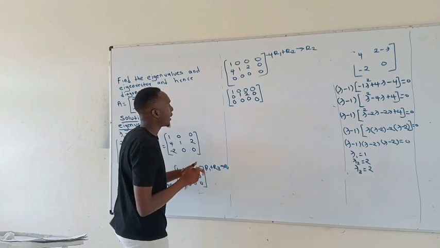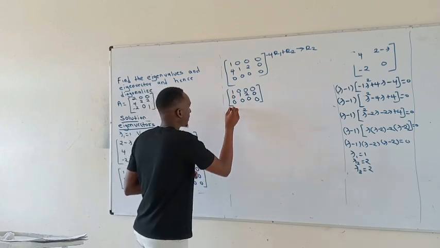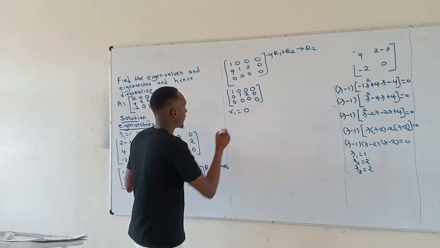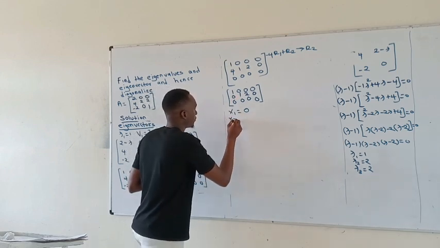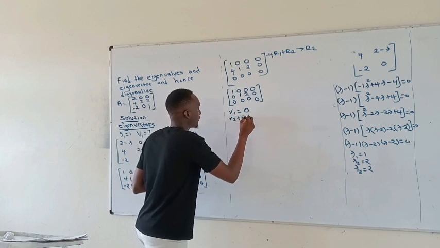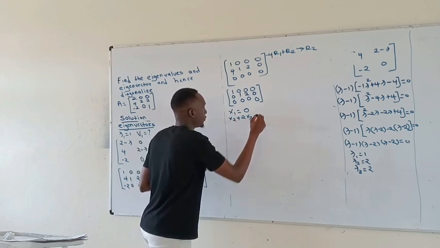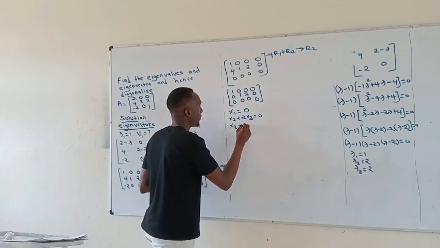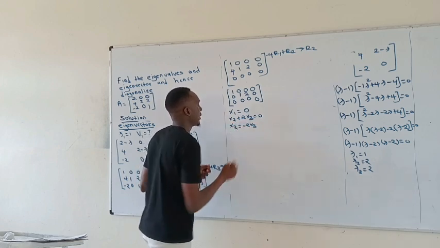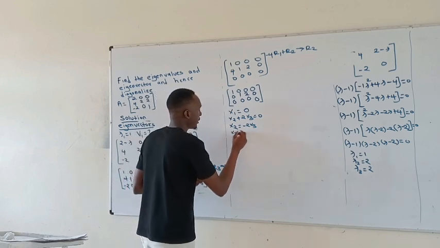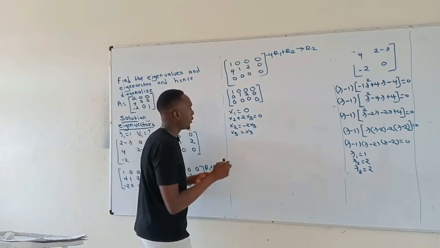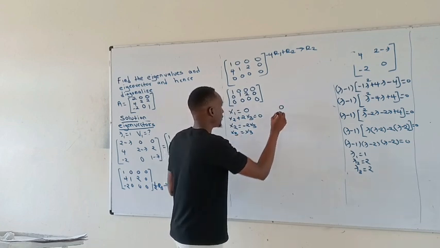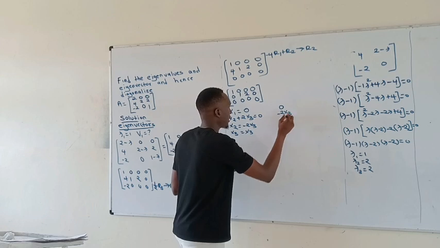Now from row 1, we realize that x1 is equal to 0. From row 2, we realize that x2 plus 2x3 is equal to 0, meaning x2 is equal to minus 2x3 and x3 is x3. So we have x1 which is 0, x2 which is minus 2x3, and x3.